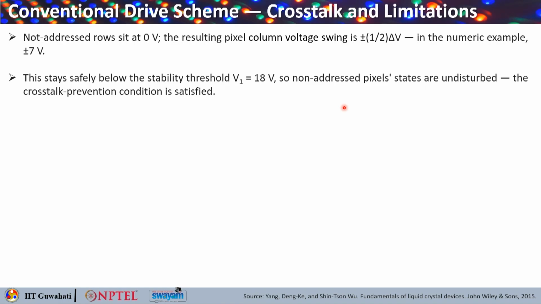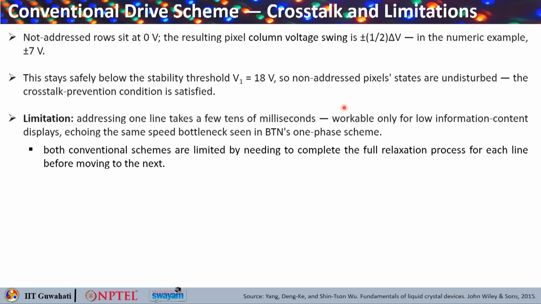As I mentioned, this stays safely below the stability threshold voltage V1, which is typically 18 volts. So non-addressed pixel states are undisturbed, and the crosstalk prevention condition is satisfied.